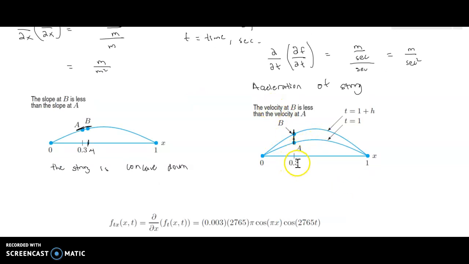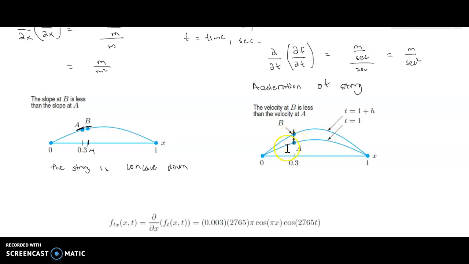So again, when x is 0.3 at our position, we want to ask what happens to the speed of the string. So you can think about meters per second as the speed of the string 1 second later. So here we are at t equals 1, so we are at x equals 0.3, t equals 1. If we look at how fast the string is moving there, it is moving more rapidly than a little bit of time later. So here the string, you can notice that that little vector is shorter than this vector here.